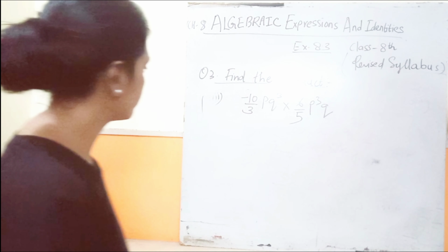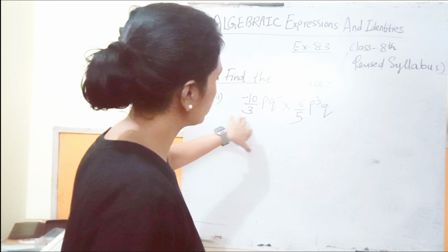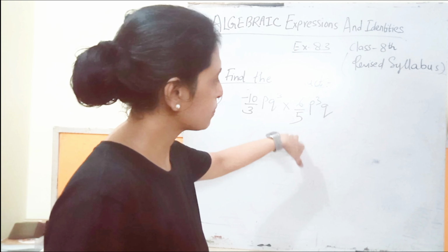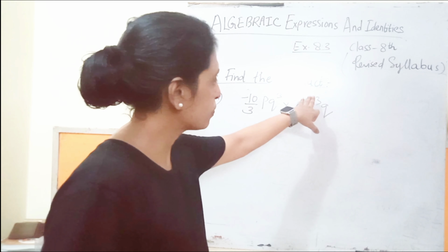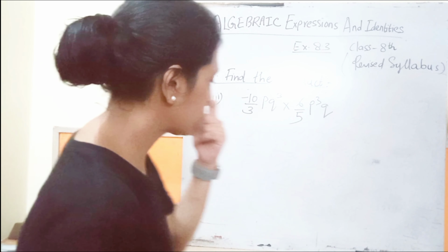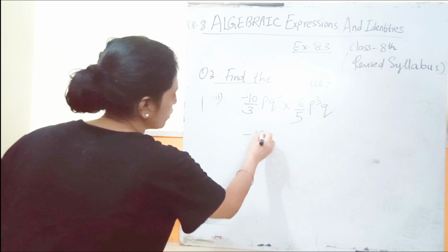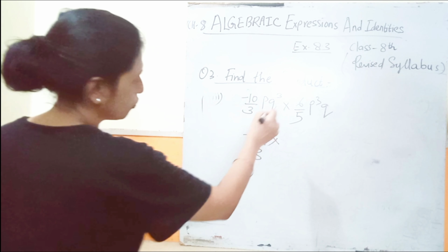Thank you. Children, in the third part we have to multiply minus 10 upon 3 pq to the power 3 multiplied by 6 upon 5 p raised to power 3 into q. Okay, now what we are going to do? First we are going to write these fractions, the numerical coefficients together.